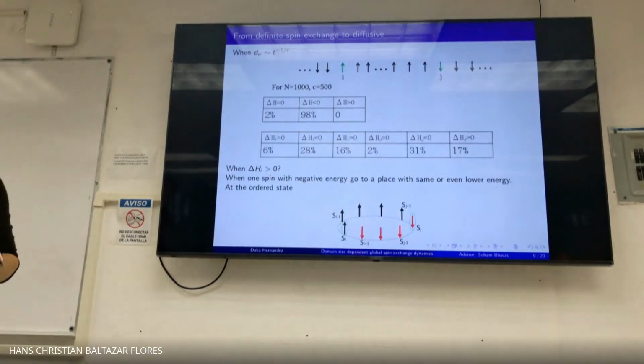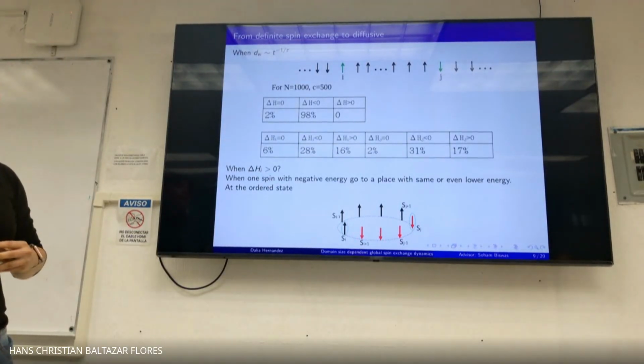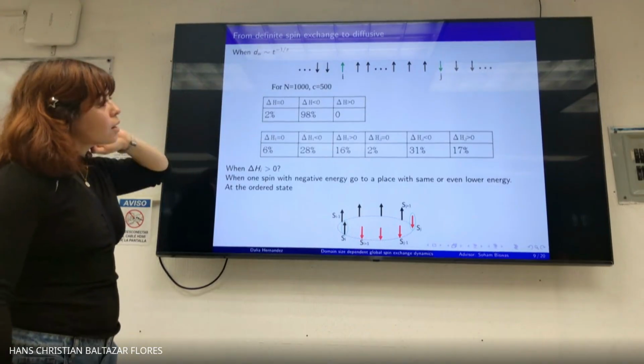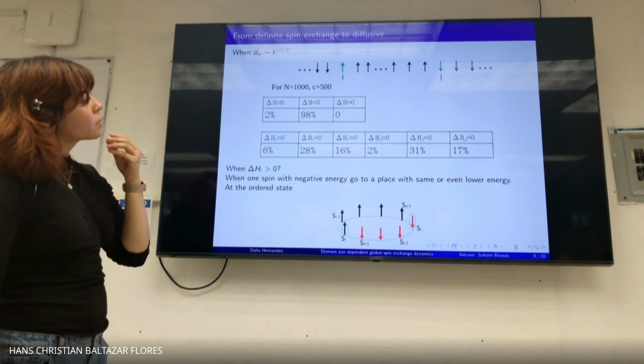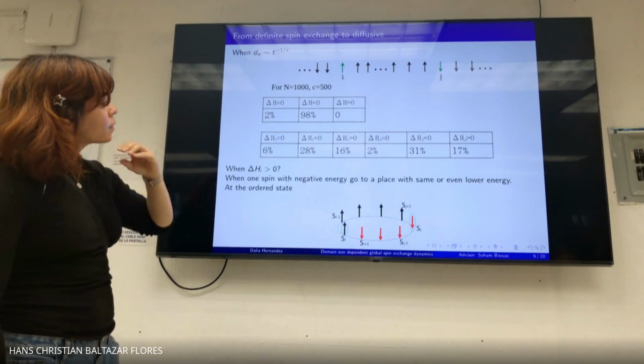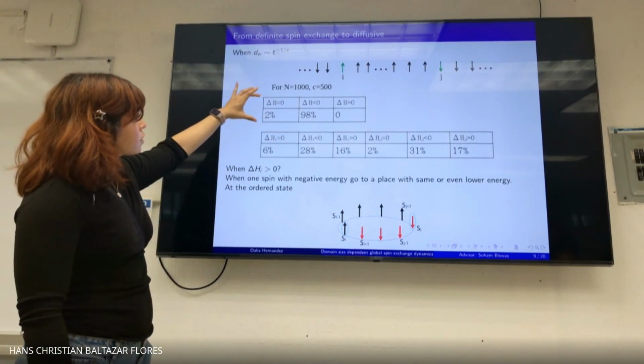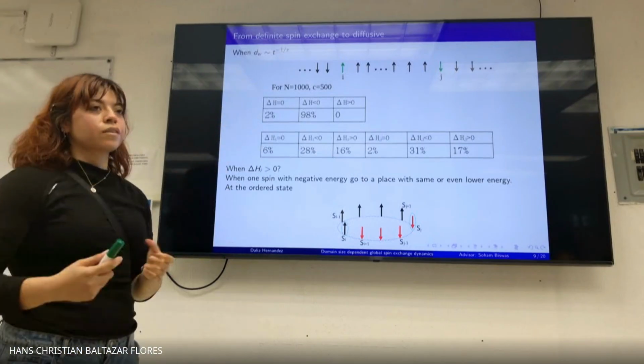Well, now we will continue with the evolution of the system. In the regime when the domain was decaying as a power law, this is a typical change of energy.